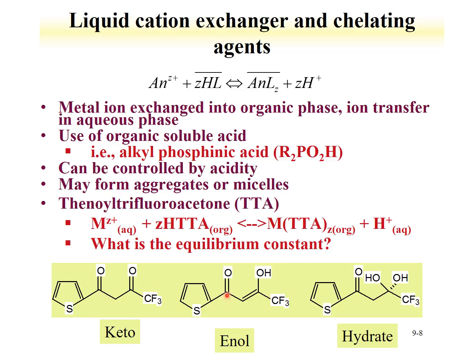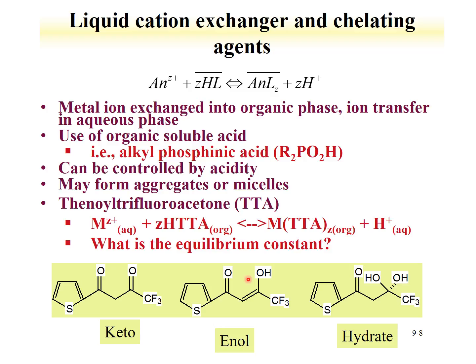One is this enol form, where we can have a deprotonation occur here that can allow the coordination to occur, and this ligand, the TTA, uses this trifluoro group here as an electron withdrawing group to lower the pKa of this ligand.